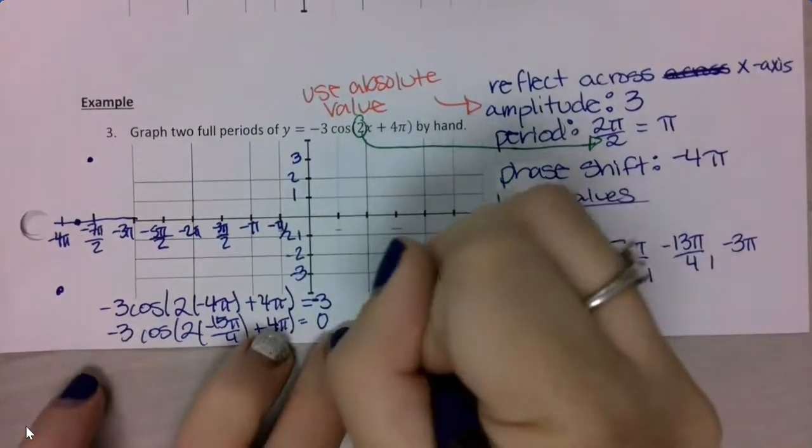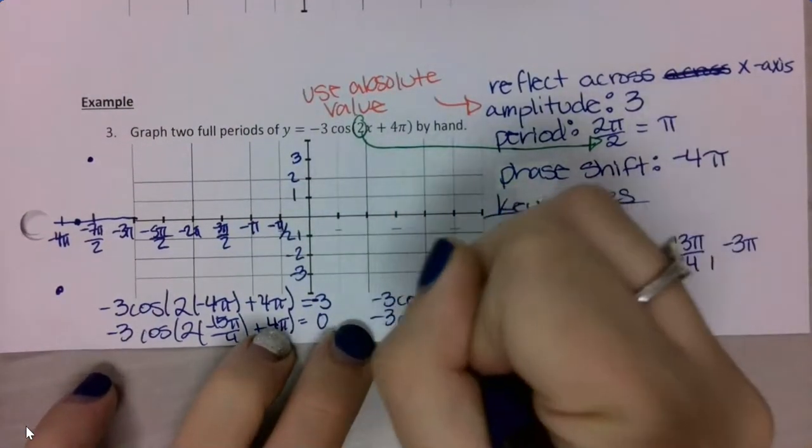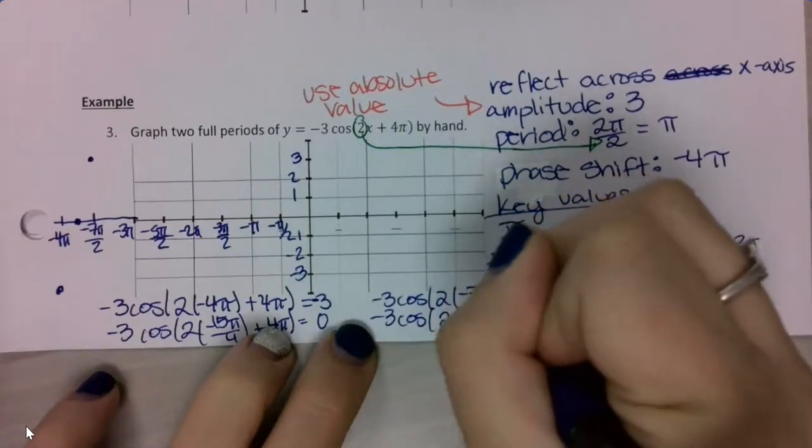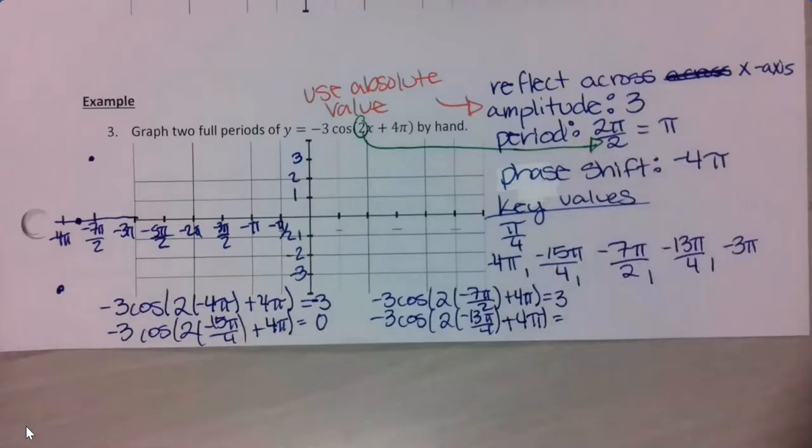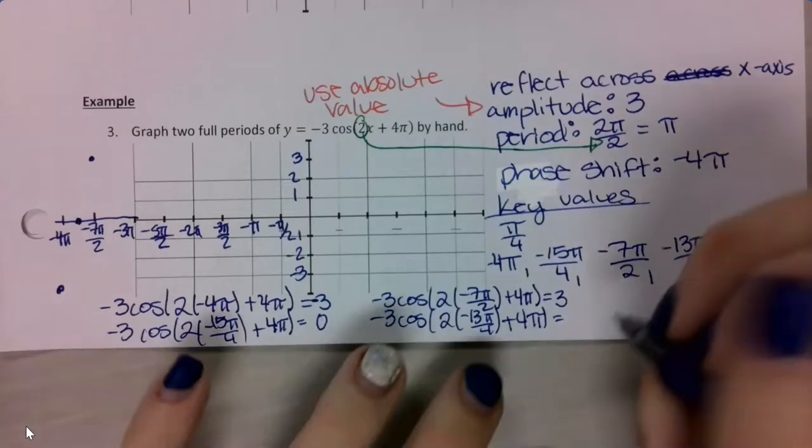Okay, then I want to do the same thing for negative 13 pi fourths. Okay, so this gets us 0.